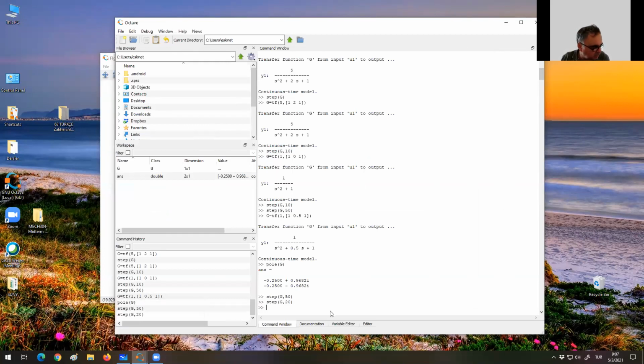We will continue with this, but well, we looked at first order systems, second order systems. Well, there are other kinds of systems as well, but first and second order systems are very typical.